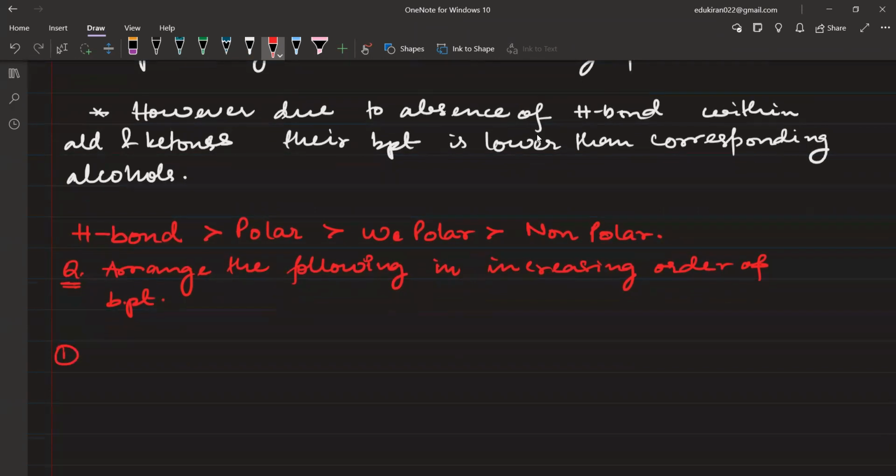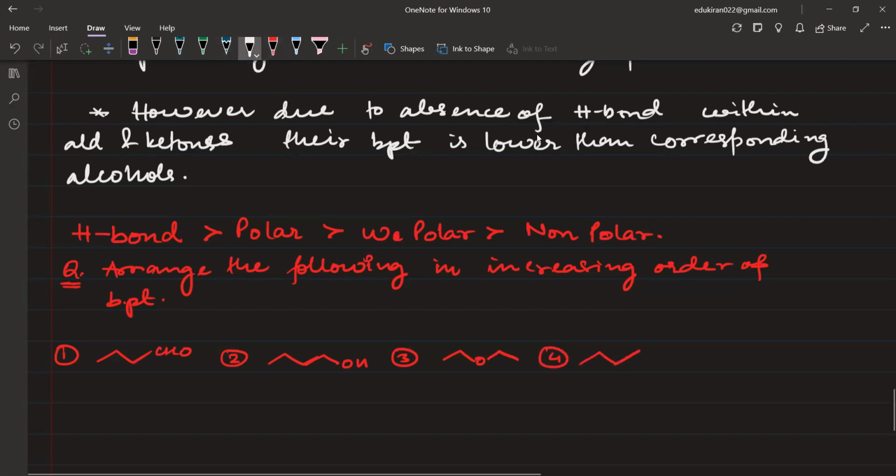The first molecule is an aldehyde. Second molecule is alcohol. The third molecule is ether. And the fourth molecule is normal alkene.